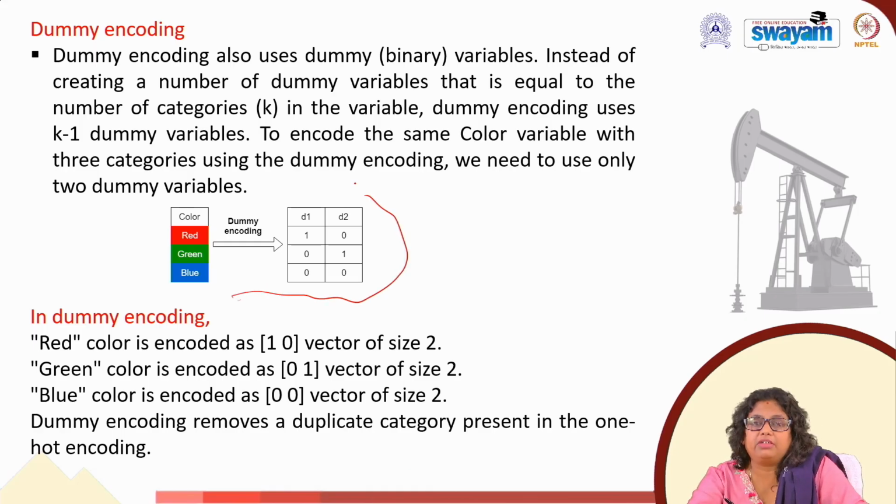Previously we talked about one hot encoding, where we have a category and we want to encode it in numerical form.